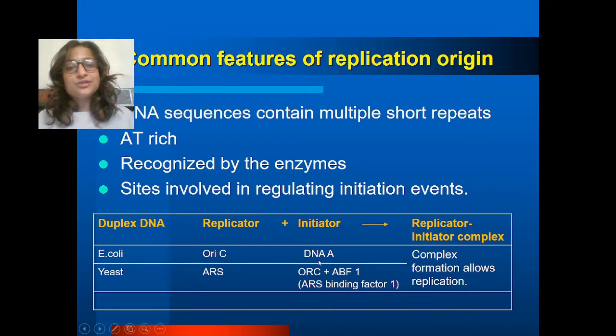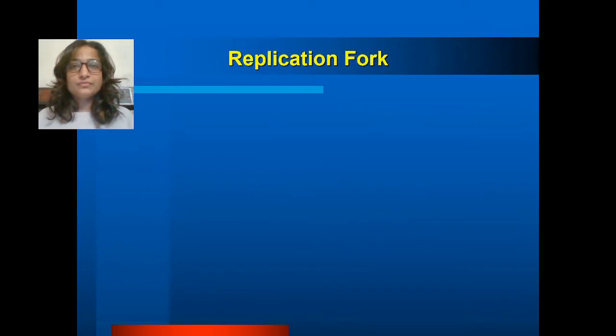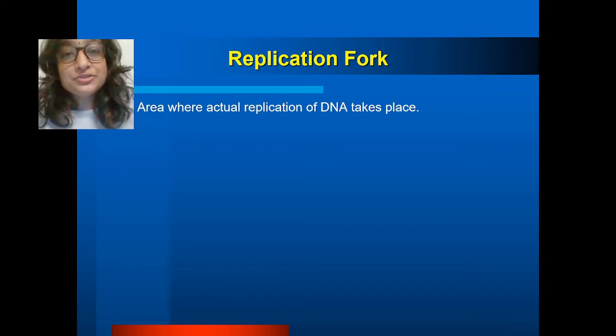But once the initiator recognizes and binds to your ori, then there is a formation of a replicator-initiator complex that allows the replication to start. So binding of these proteins is essential in order to initiate the replication. So that was about origin of replication in general.